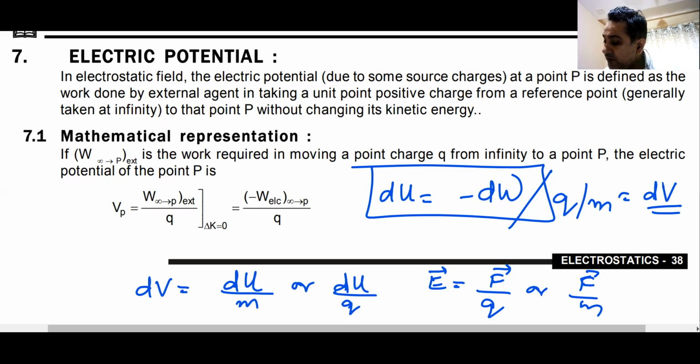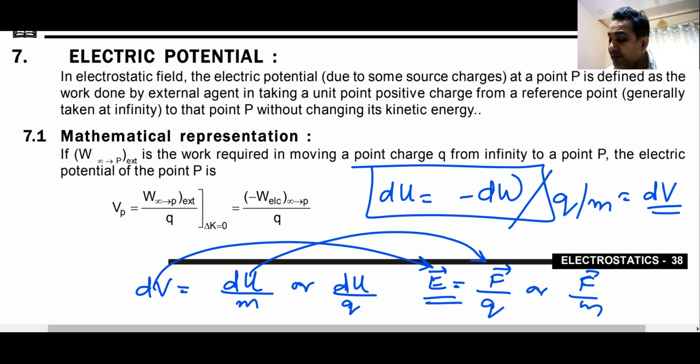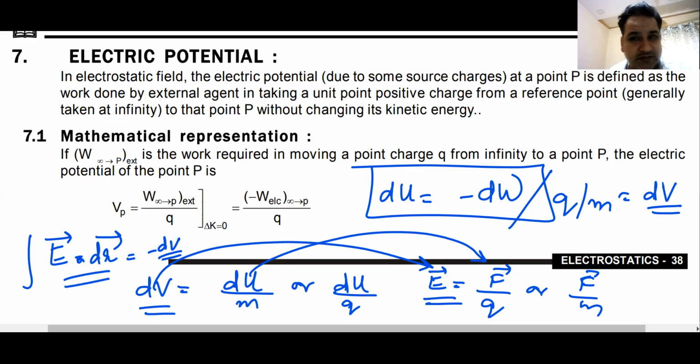Here in place of dU, you have F, and in place of dV, you have E. And what is the relation between E and dV? Integral of E dot dr is minus dV. You must also know this relation between electrostatic field and electrostatic potential difference, or gravitational field and gravitational potential difference.